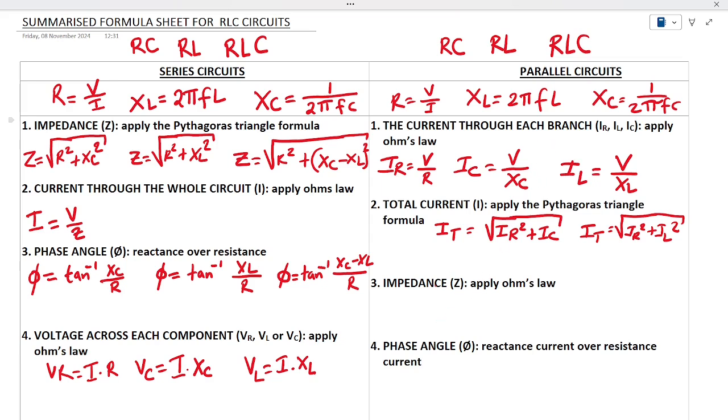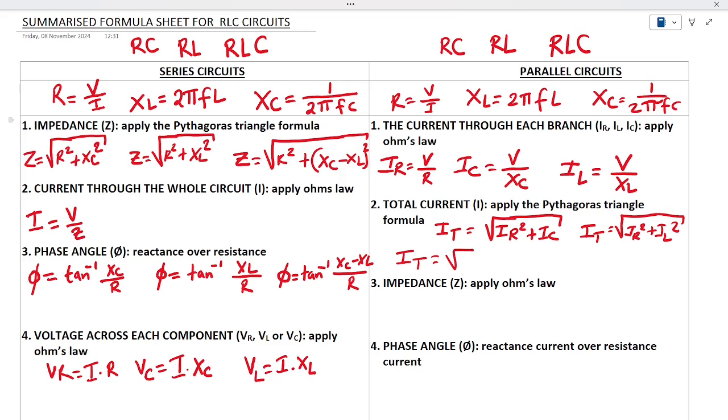Now, when you are dealing with RLC circuits, all of them combined, what do you do? First of all, after your calculation of each current, you must determine which current is bigger between the current of the capacitor and the current of the inductor. You apply it here when calculating the total current for the 3 of them.